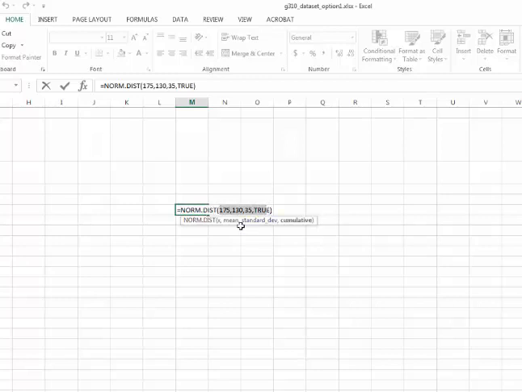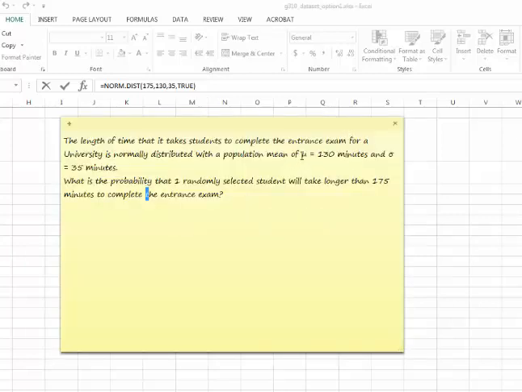The first argument is the x, the number of minutes that you expect the student to take, 175 or more. The mean, for our case, is 130, because this is what the problem says.